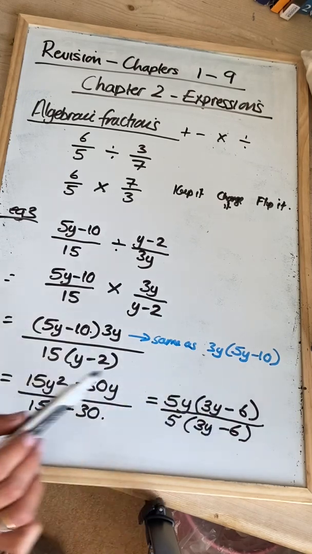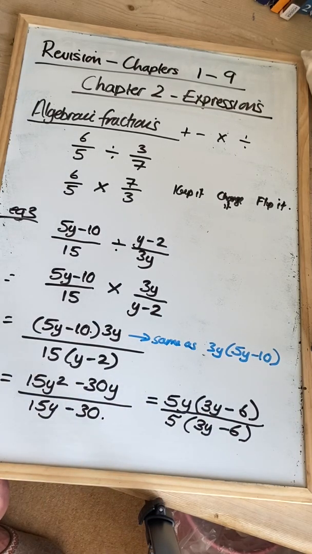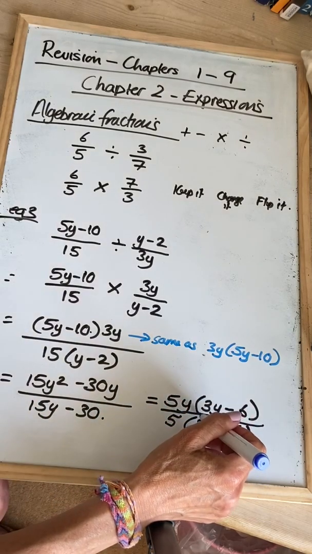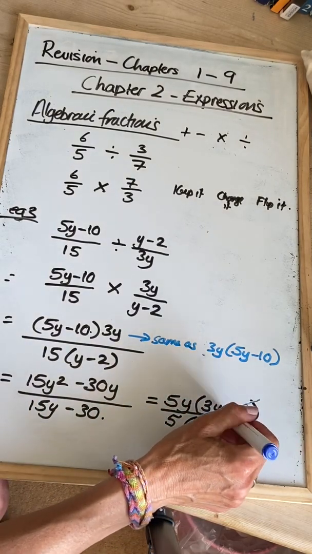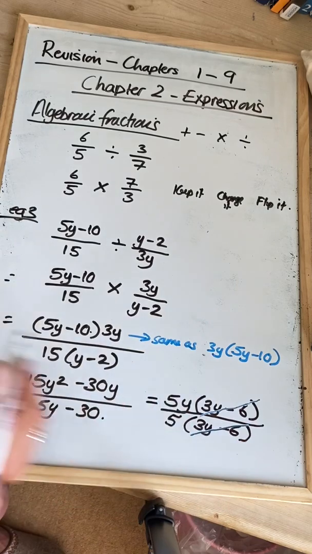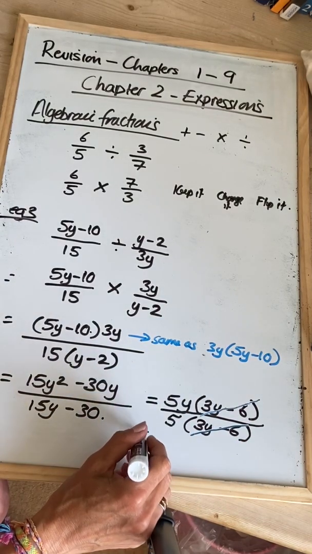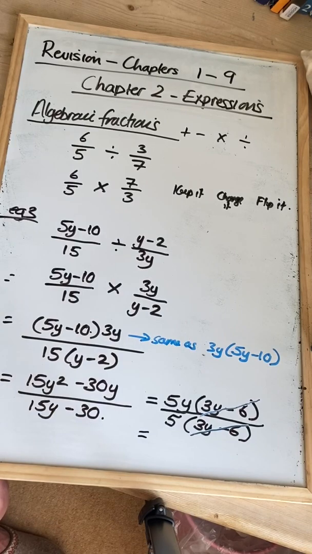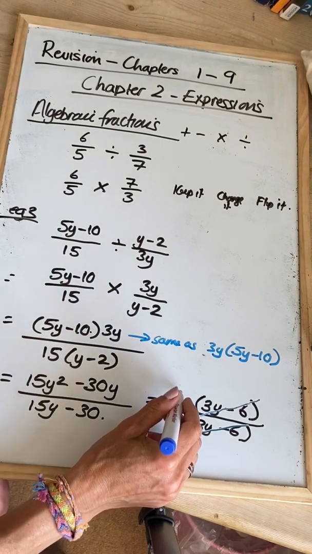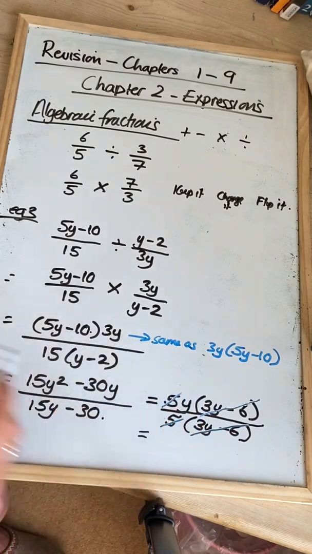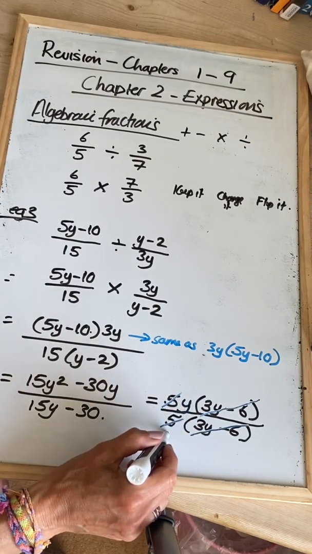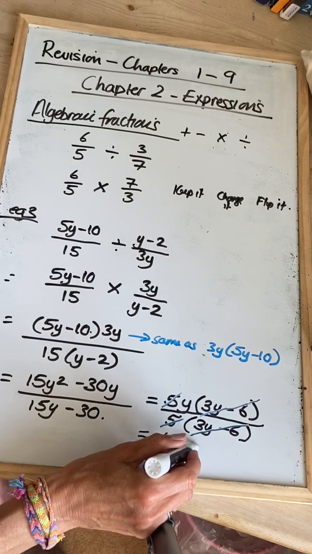They are exactly the same as each other. So because they're exactly the same, we can divide through by them on the top and the bottom. The 3y minus 6 can be divided through. I am therefore just left with, and the 5 and the 5 are common to both, so I'm left with y over 1, which is y.